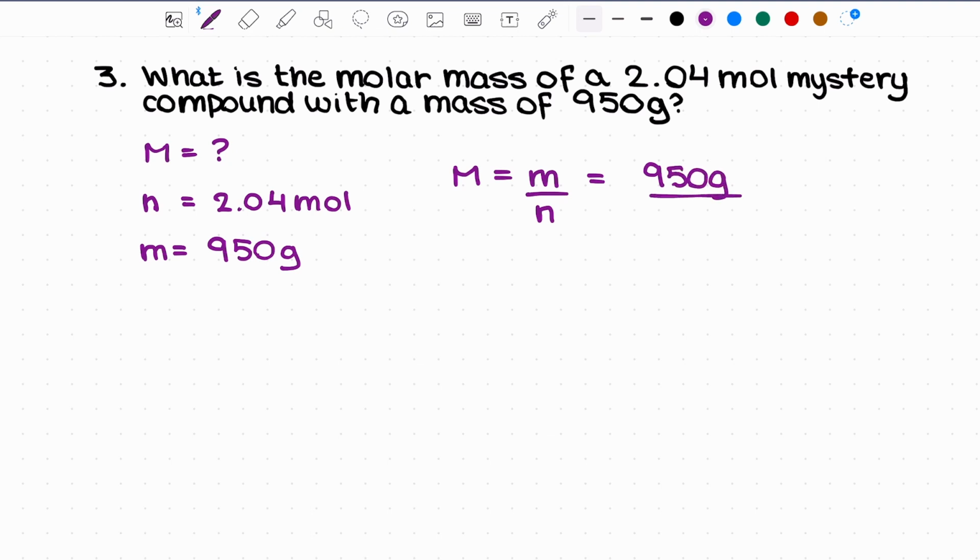And moles is 2.04 moles. If we type that into our calculator, we'll get a molar mass of about 466 rounded grams per mole. All right. So that is an introduction to how moles work.